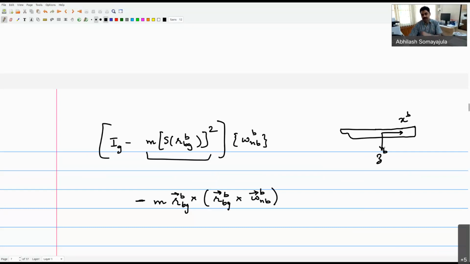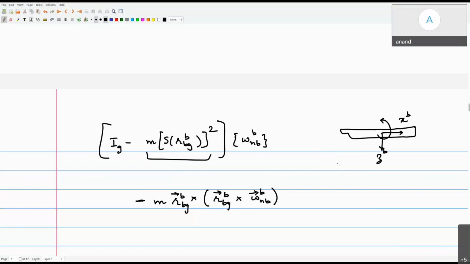Let us say for argument's sake that the only angular velocity of the body is purely about the y-axis. So where is the y-axis pointing here? Towards us. It is pointing towards us, right? And a positive orientation of that means how is the body rotating? Clockwise or anti-clockwise? Anti-clockwise. The rotation is like this, right?